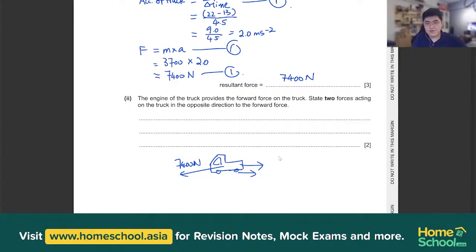Okay. So the first force, as you can see, a truck goes through air, so it should have air resistance. That's the first force. All right. The second is when the wheels touch the ground, we have something called friction. And so these are the two forces that are acting on the opposite of this forward driving force.